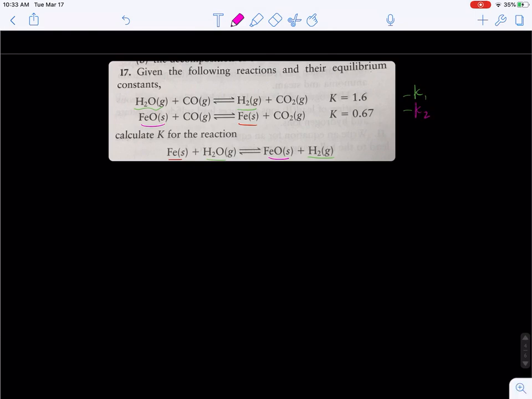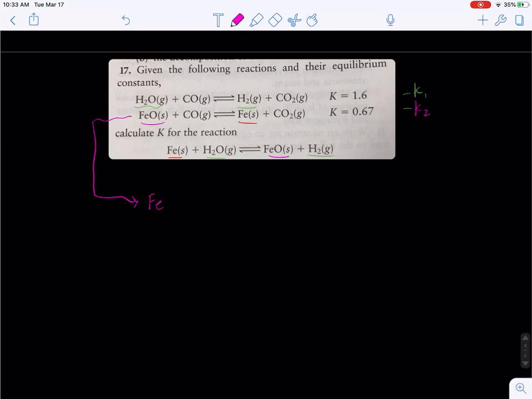So I'm going to take this guy here and apply the inverse rule. I'm going to switch these around. So I'm going to write that out. This is the inverse rule.